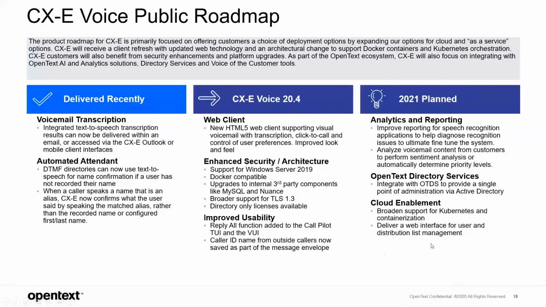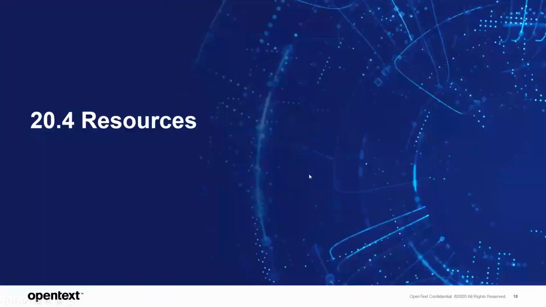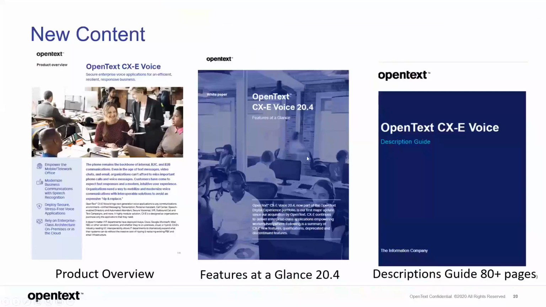All right. Just real briefly from a marketing perspective, all of our content on the website is updated. You can still find it under the XMedius website. It'll all move over to OpenText as we get fully integrated into OpenText.